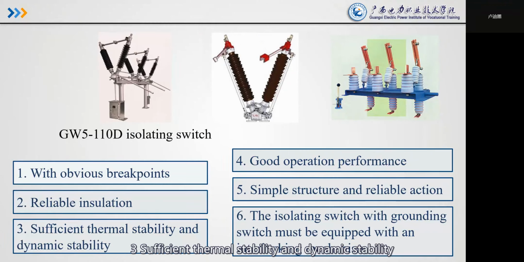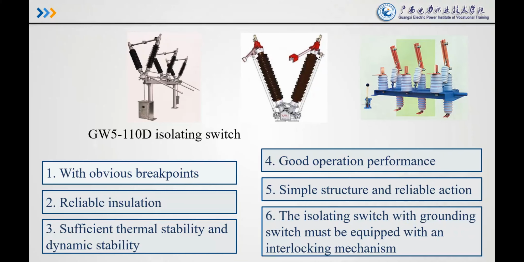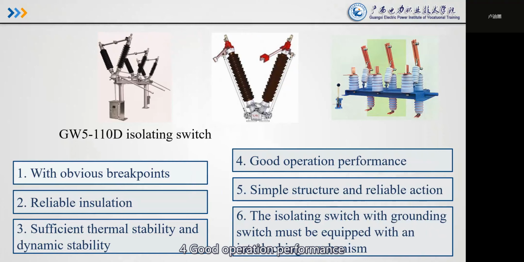Sufficient thermal stability and dynamic stability. 4. Good operation performance. 5. Simple structure and reliable action. 6. The isolating switch with grounding switch must be equipped with an interlocking mechanism.